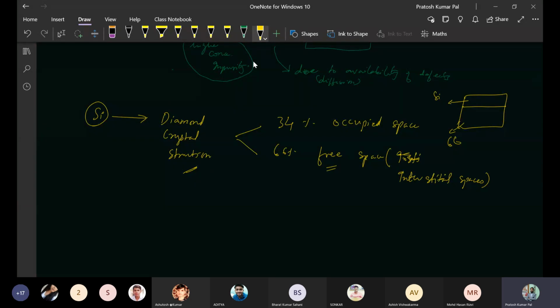These spaces are basically used for diffusion.